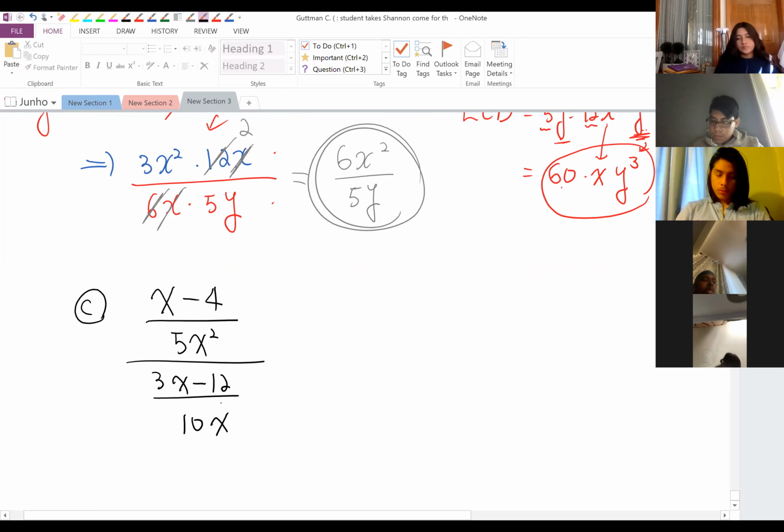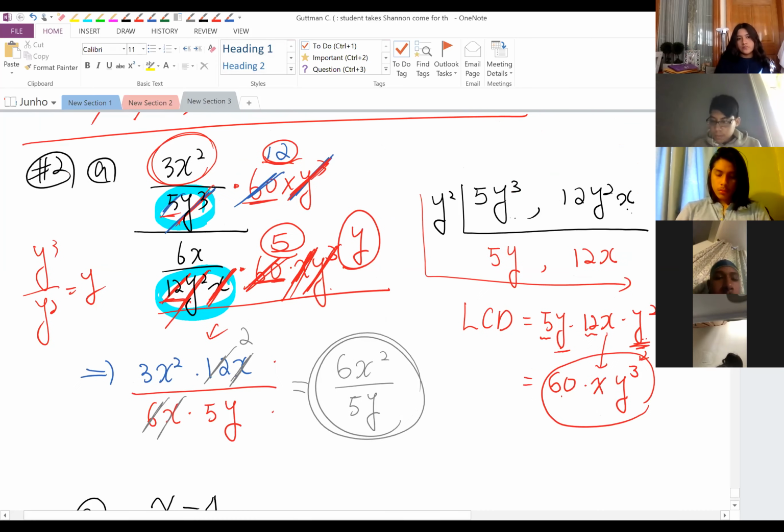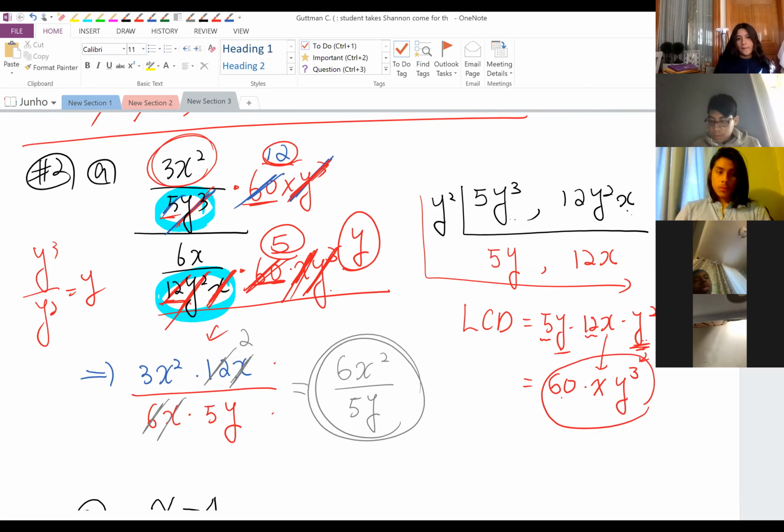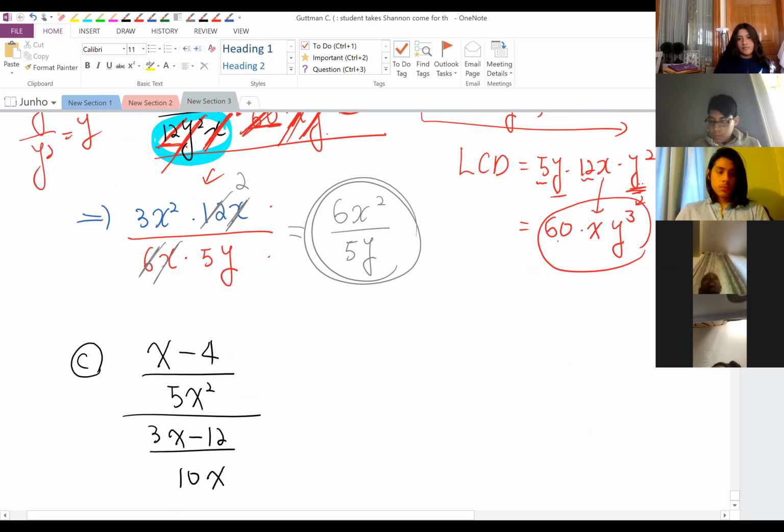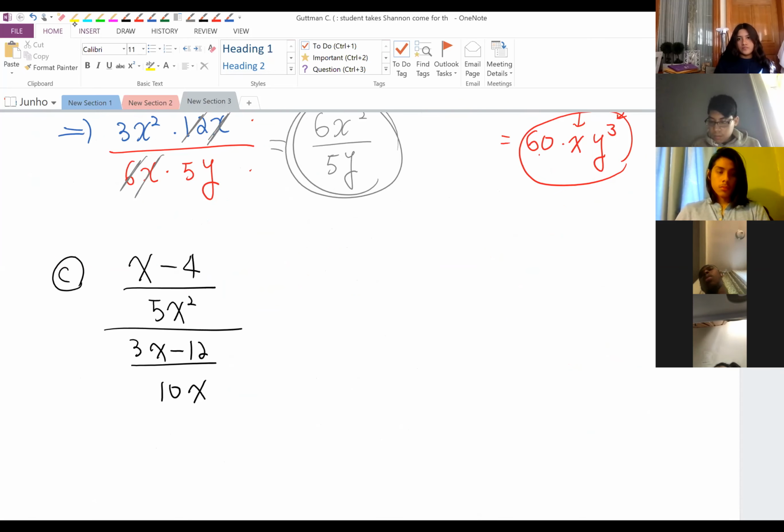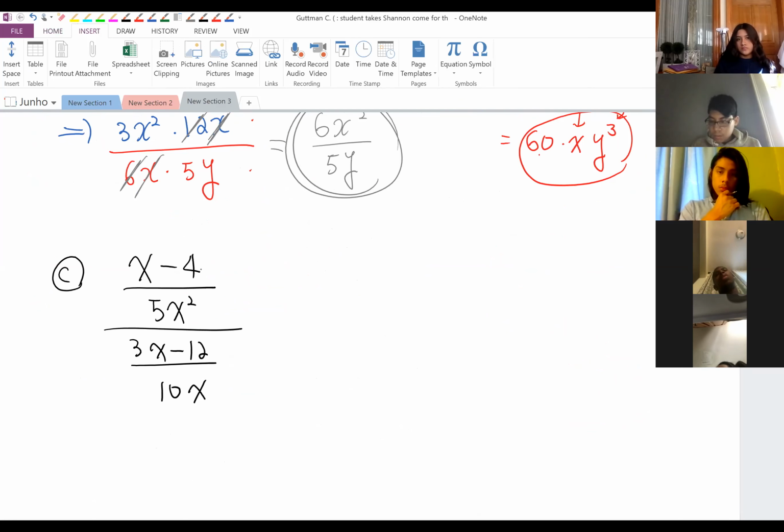Okay, so the first question case, everything was monomial. So monomial means everything is formed as multiplication or division. But this case, now we have binomial, both these fractions' numerator and bottom fraction numerator as well.